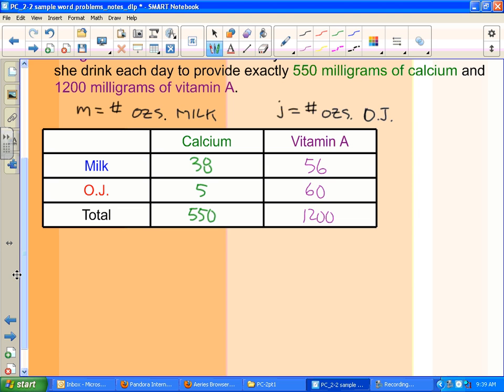Here we go. So we'll call it equation number 1. And our milk equation, or our calcium equation. So I have 38, and then 5, and this is supposed to equal 550.